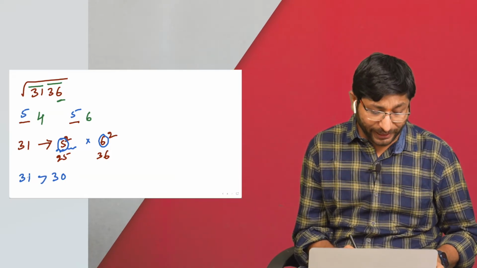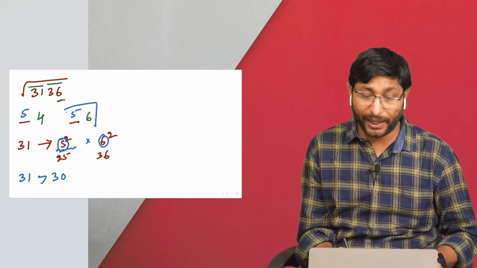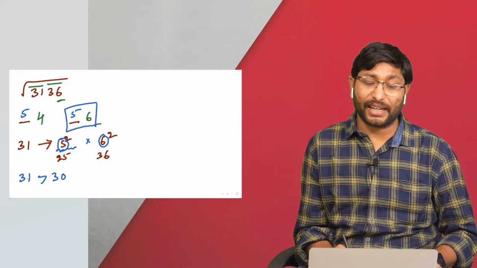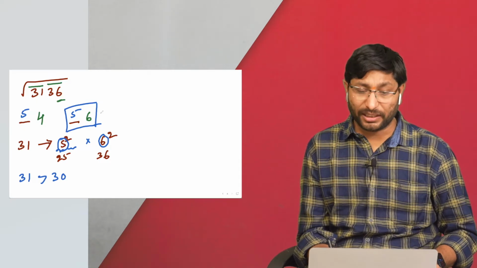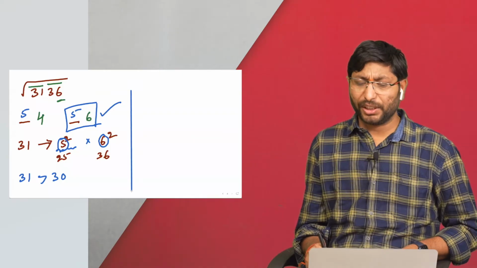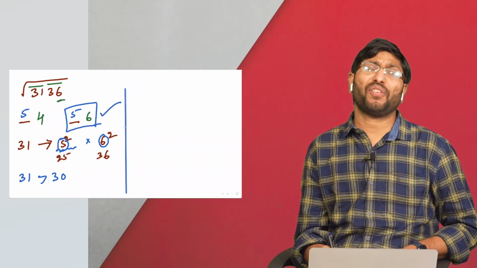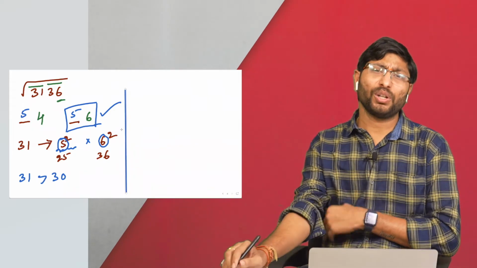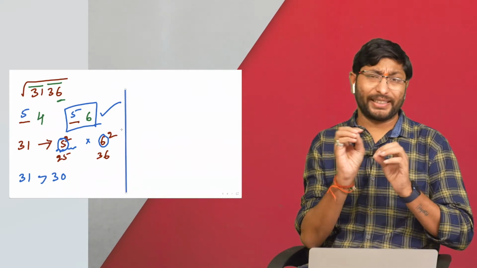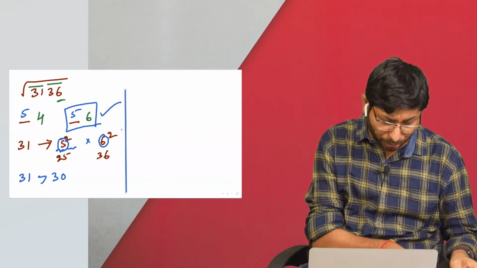As it is greater, we take the greater number, so 56 is the answer. You can cross check. This may be giving you confusion. Don't worry, I'm teaching you 5 to 6 problems in this video. If you finish all 5 to 6 problems, you will be perfect in this concept also.